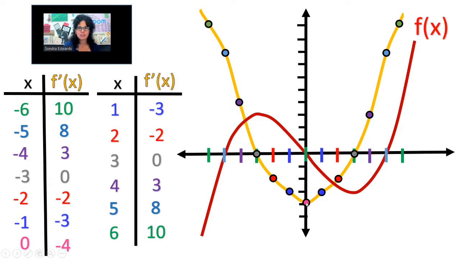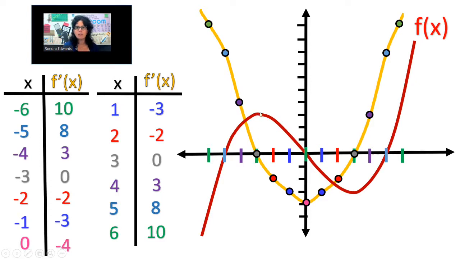Other things that we notice: our original function was increasing until we got to -3. And notice all of the x values to the left of -3 end up plotting points above the x-axis. So the original function was increasing, and the graph of f prime in that section is above the x-axis. From here all the way down to here, our function f is decreasing. Slopes of the tangents would be negative.